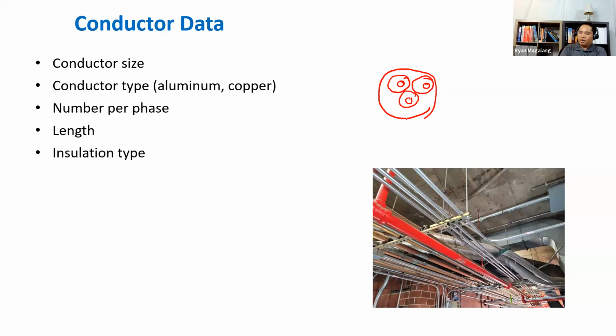So you have your 3-core cable, let's say. So the thickness of your insulation affects your reactance.